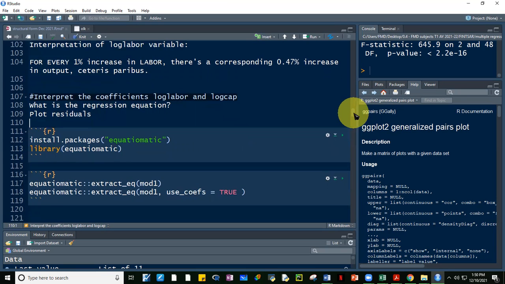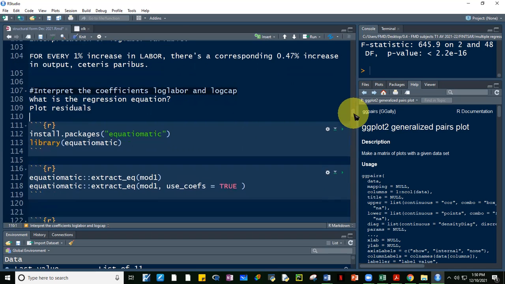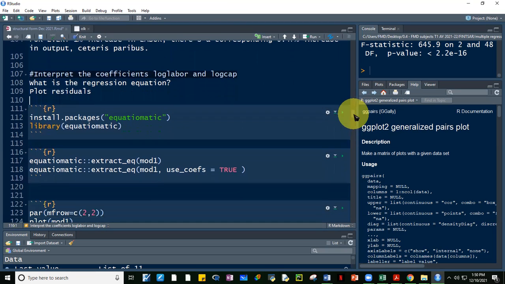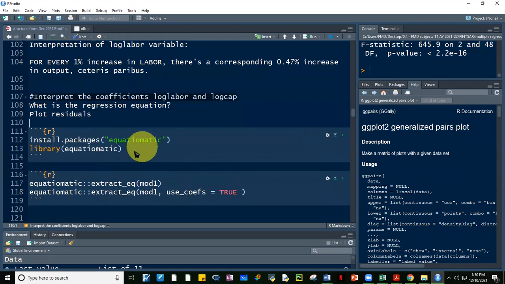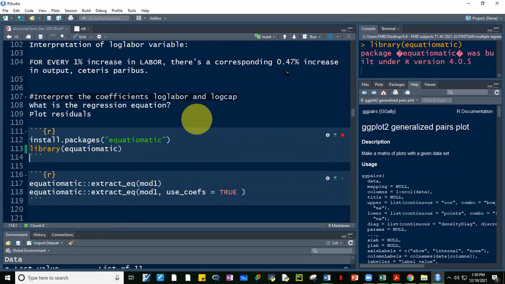Medyo bagong package lang to. So kindly install this, please, and let's see if mag-work sa model natin. Kasi I was trying this yesterday, tapos medyo hindi pa nag-work eh. Pero tingnan nyo, guys, kasi you can write the equation actually with this one. So install that package and then load the library.